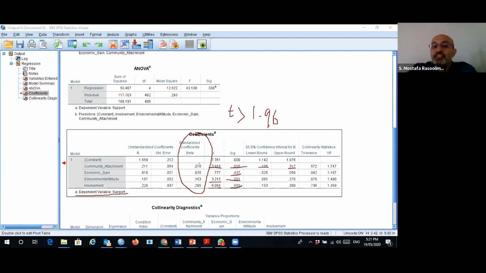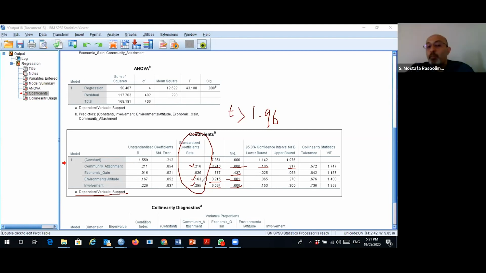But among these three significant independent variables, which one is more important to predict support for tourism development? Involvement. Based on the size of the beta coefficient, we can see which variable is more important.